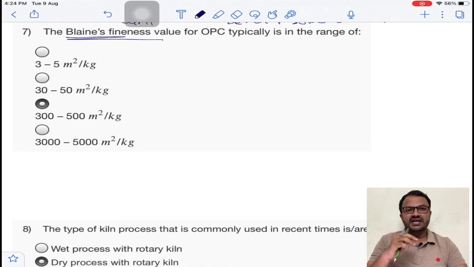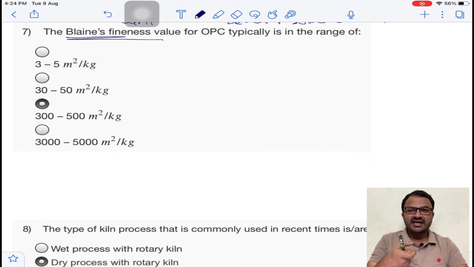For example, what is the difference between OPC 33, 43, 53? OPC 33 will have a lower specific surface area compared to OPC 43. Specific surface area is nothing but surface area per unit weight. Compared to 43, 53 will have more surface area.